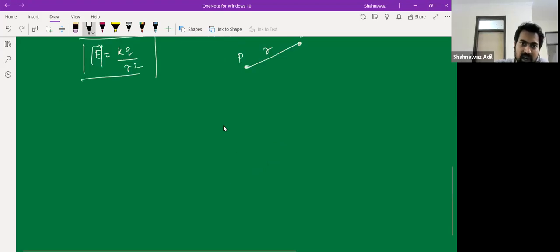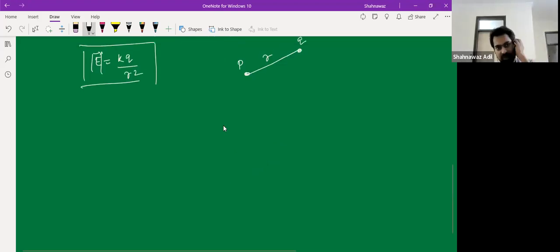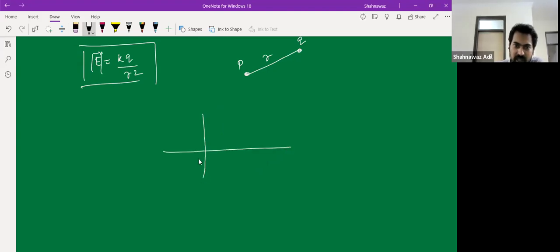I'm just quickly revising whatever Amna ma'am did in your CPC. Let's say the charge is sitting at the origin, and this is the x-axis. You are measuring the electric field along this x-axis, and this separation is x.